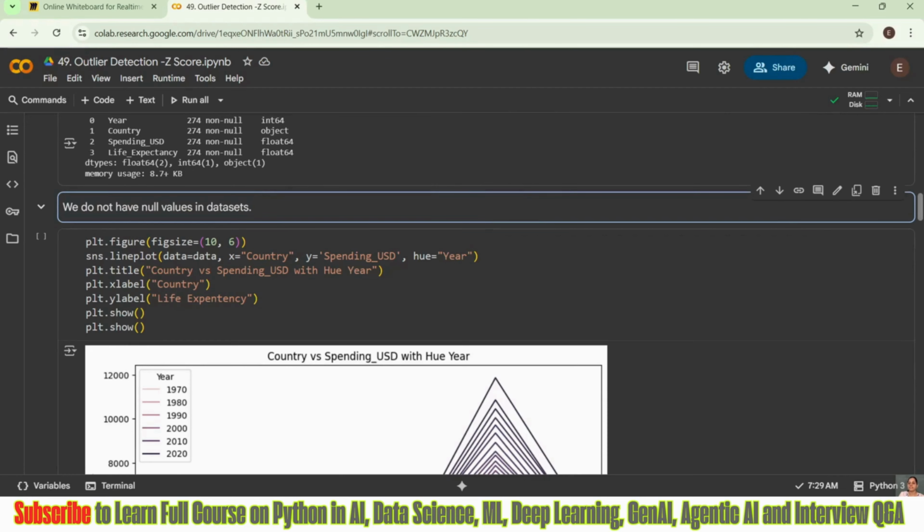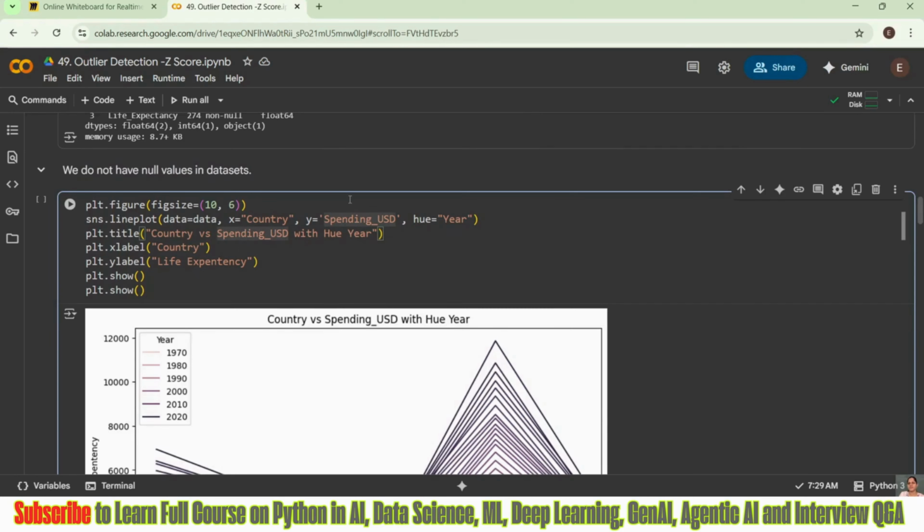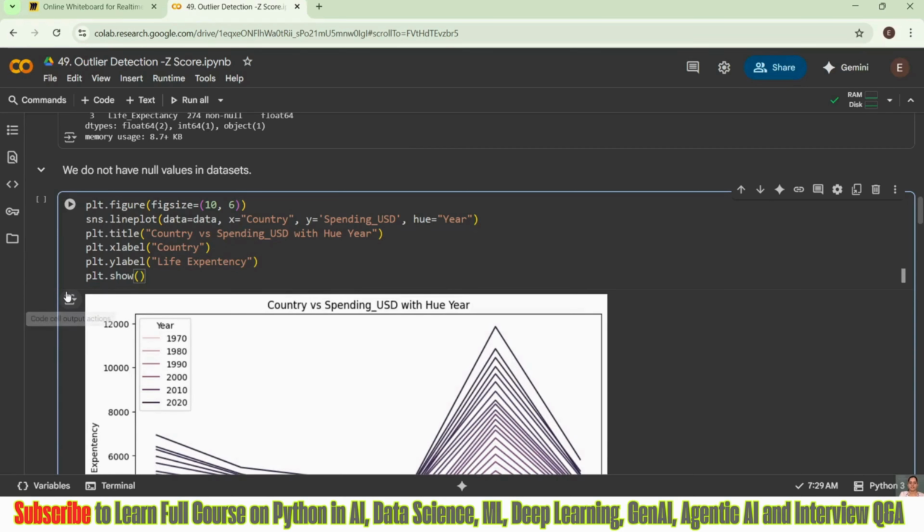Now the next one I am taking is the line plot. I have taken a few plots just for my understanding of where exactly the data is going to come more. Here I have taken one line plot where I want to show the spending USD in each country, what amount people are spending, based on the hue.